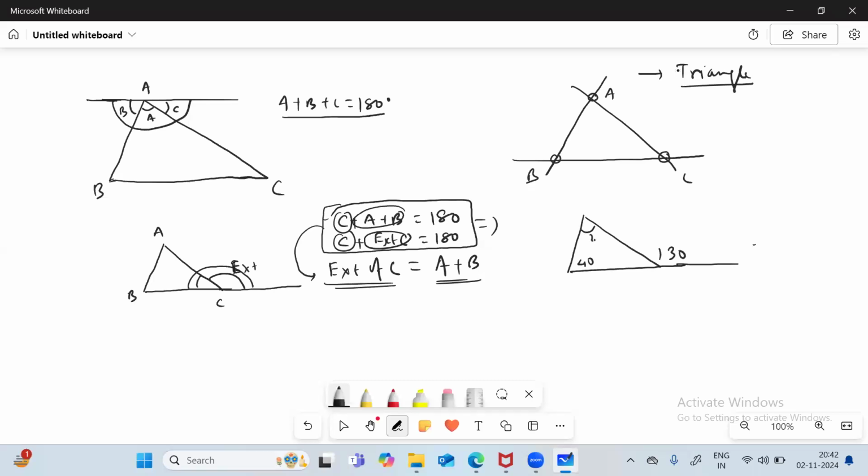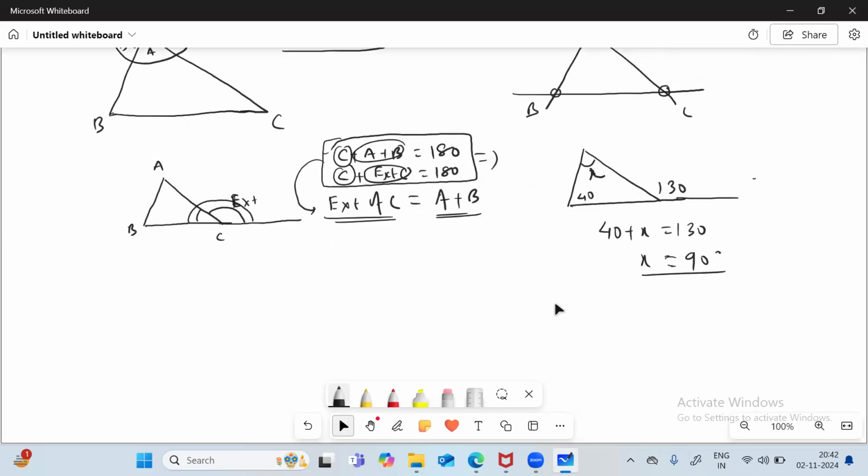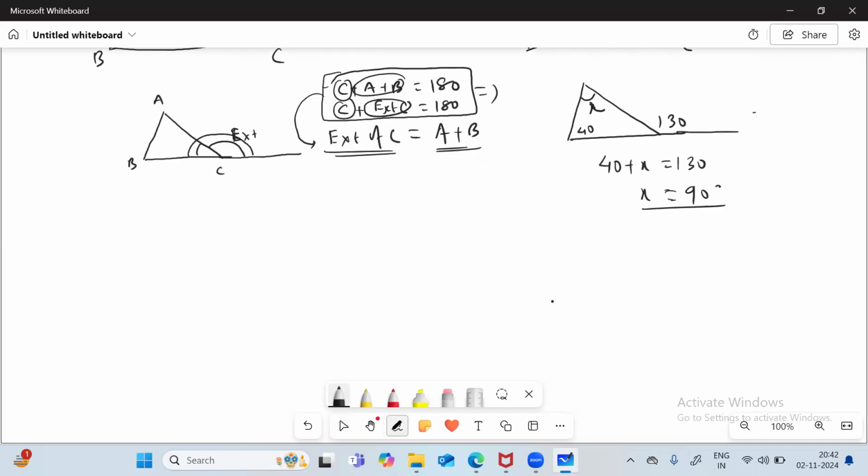If it is x, we know that 40 plus x is equal to 130 and x is equal to 90 degrees. Okay. So this was one simple result which was an extension of the result of the sum of all angles.